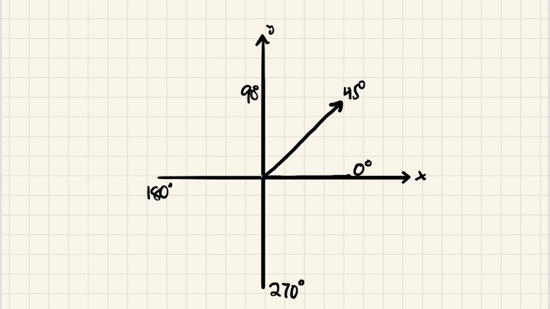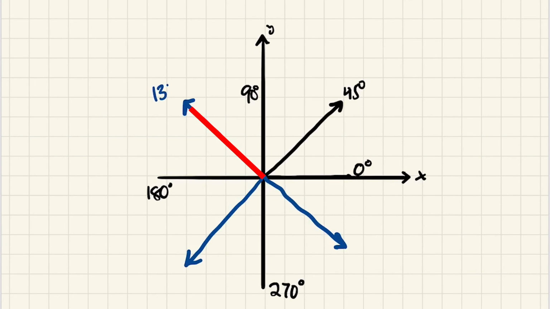But because we know that, that means we can also find the trig function values for every angle whose reference angle is 45 degrees. So that would be these three other ones in here. So in the second quadrant, that's an angle of 135 degrees, whose reference angle is 45.